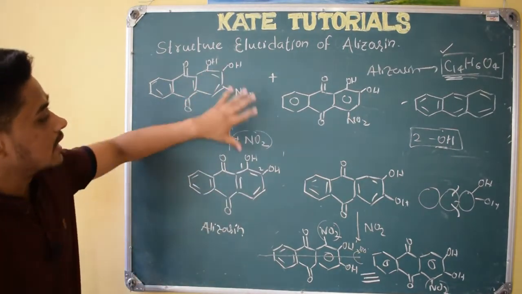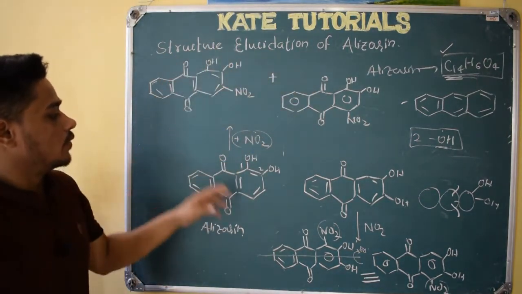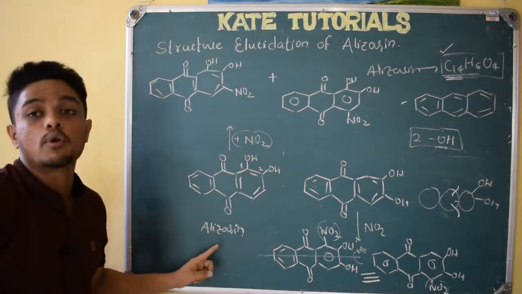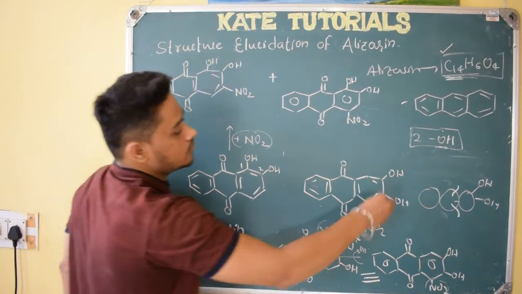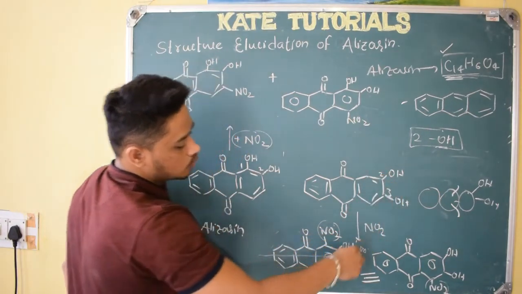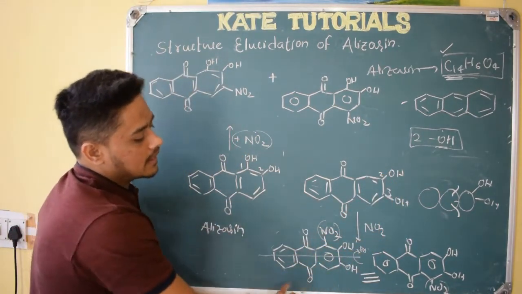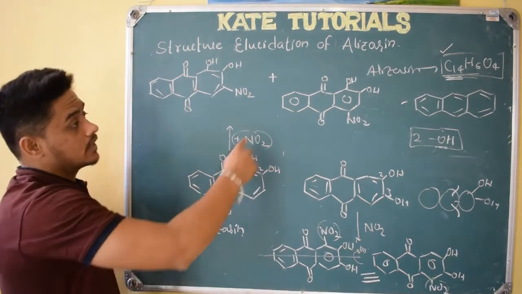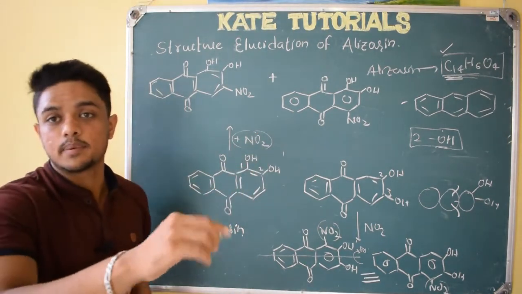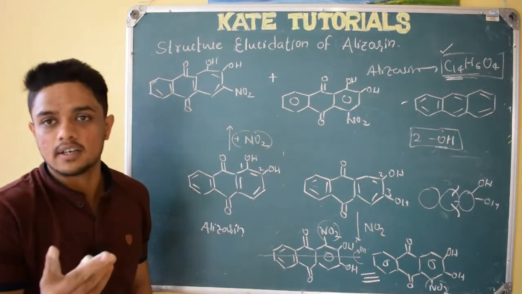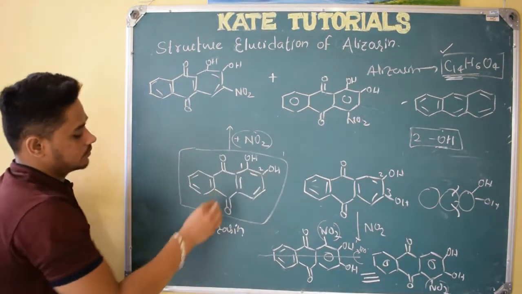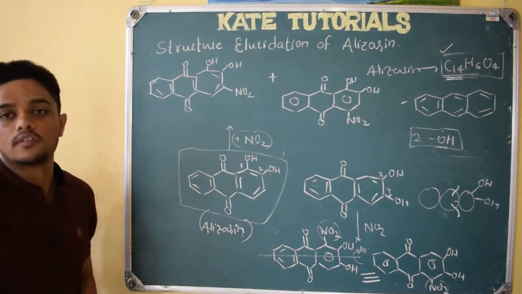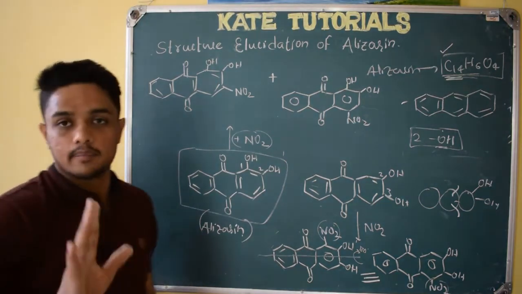Because of which they concluded that two products they are getting when we do nitration for alizarin, whereas if the oxygens are at the 2-3 positions, then if I do nitration, they would get only one product. But actually in the experiment they got two products, right. So they concluded that this is the structure of alizarin. I hope I made it clear, right.